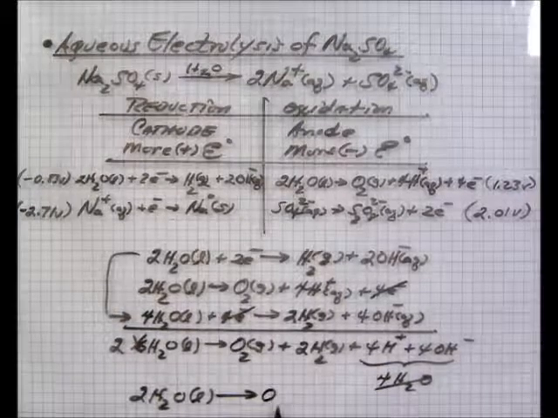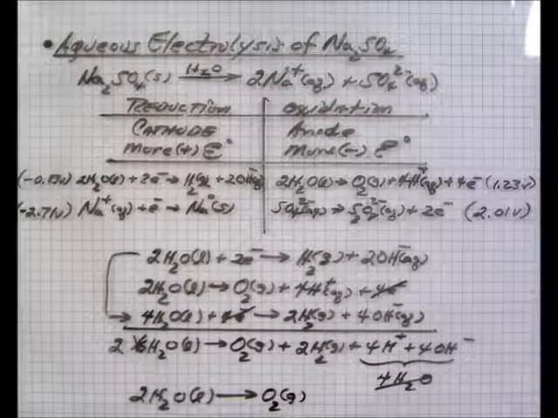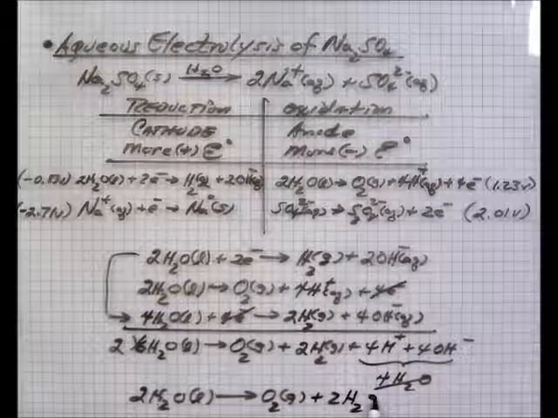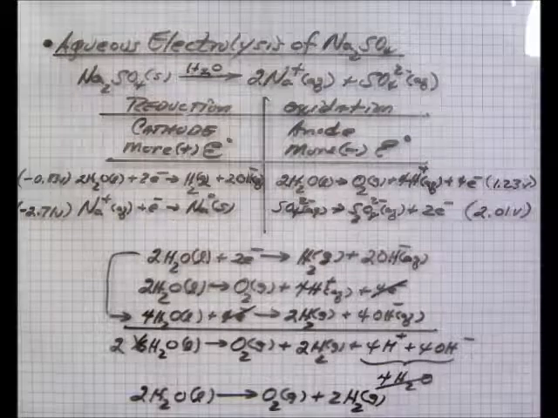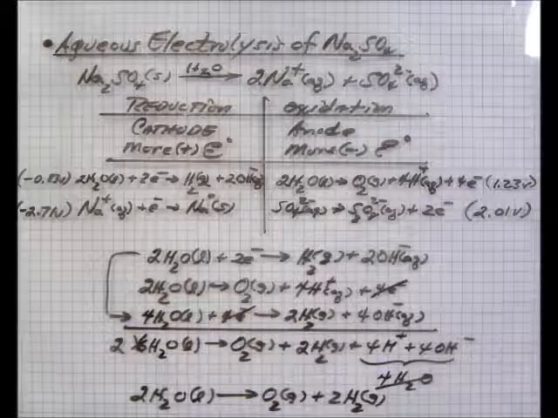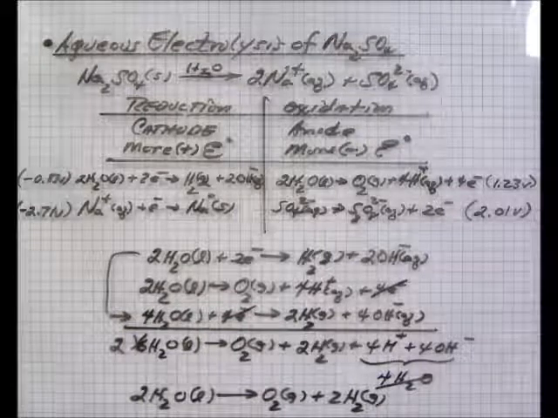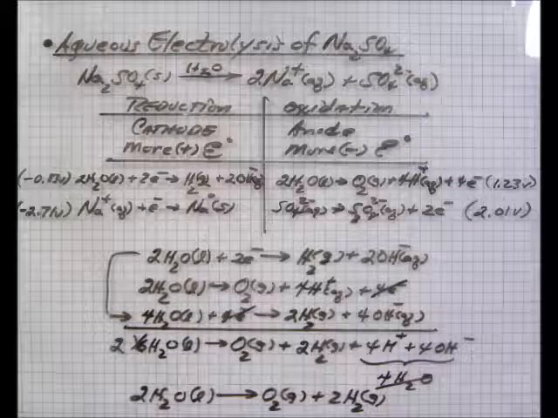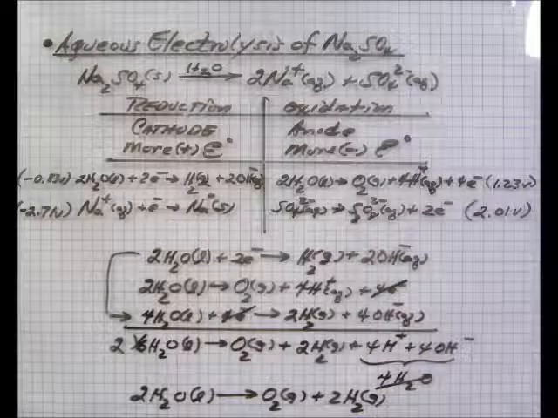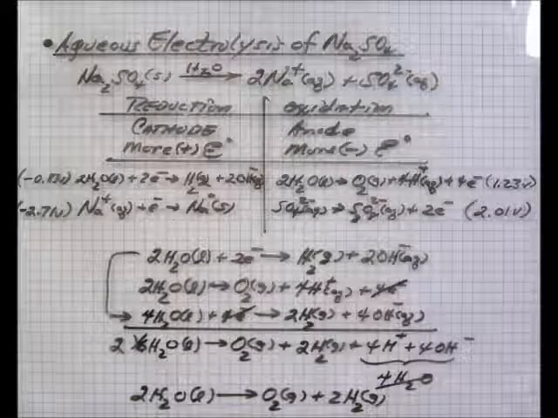We'll undergo electrolysis to produce a mole of oxygen plus 2 moles of hydrogen gas. And this is a common and very popular way to produce quantities of oxygen and hydrogen for laboratory purposes, as well as to generate hydrogen and oxygen for fuel cells.